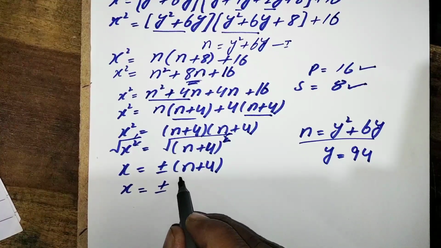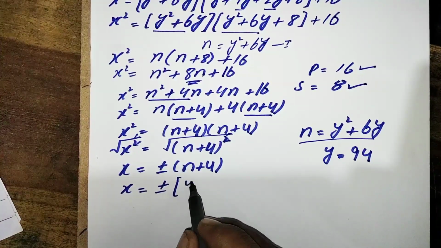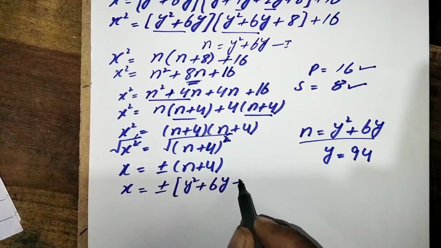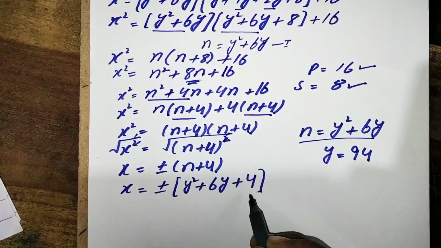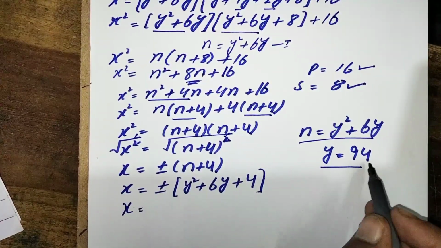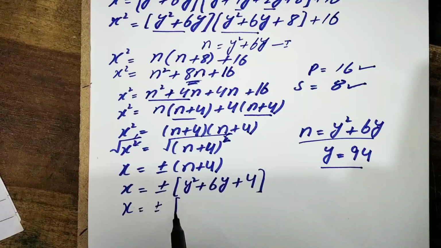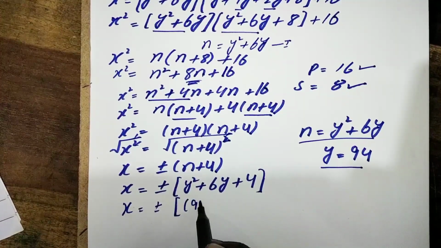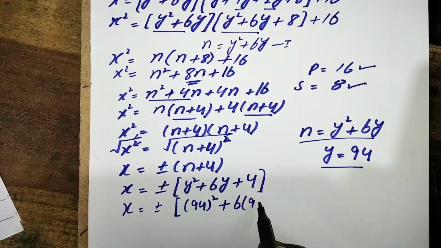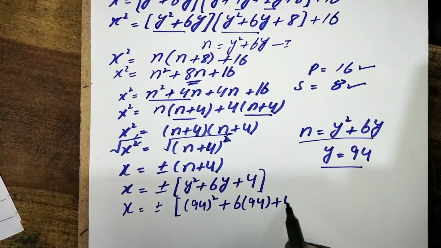Plus minus y square plus 6y plus 4. Now from this, the value of y is 94. We write it: 94 whole square plus 6 times 94 plus 4.